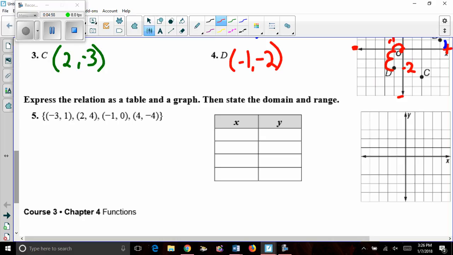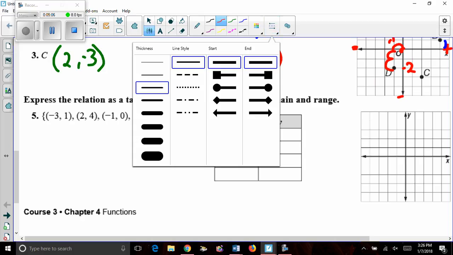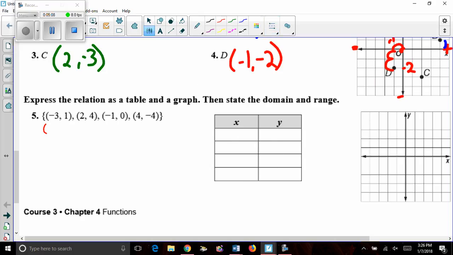Well, for starters, we need to look at each of the ordered pairs. Remember that an ordered pair is always an x comma a y. An x comma a y. So I want to start by placing those numbers in the appropriate spots on the chart. You see x is the left column and y is the right.